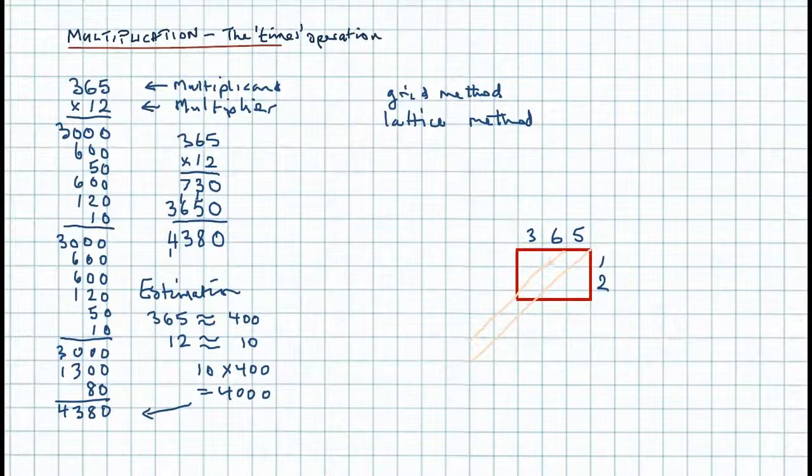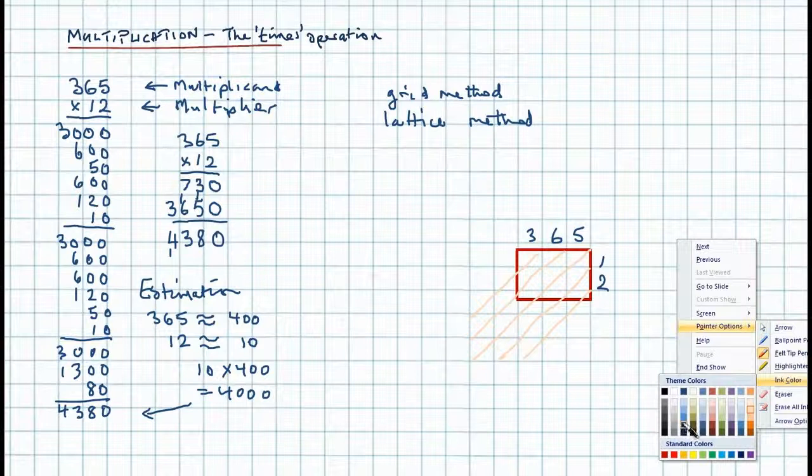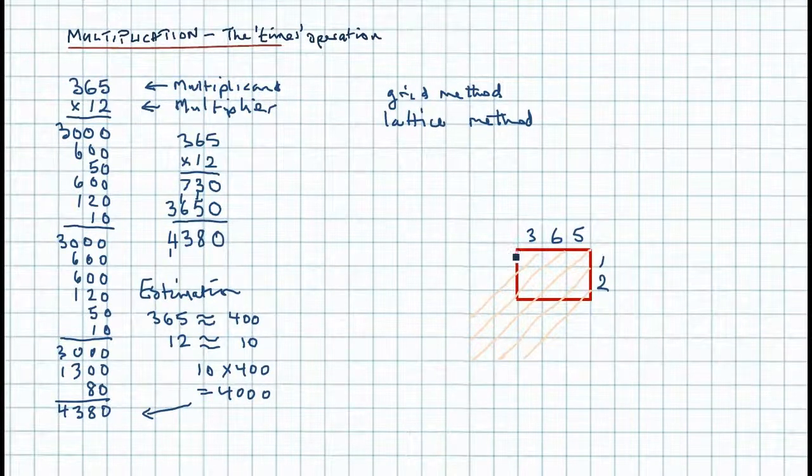But we draw our diagonals down just to give us an automatic way of totaling up the numbers. So what the lattice method does is it means we can avoid having to write all the numbers out in the expanded way that we looked at just now.